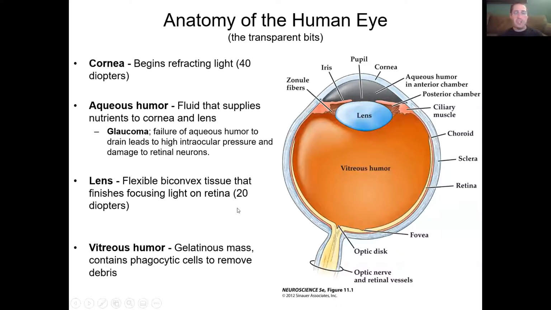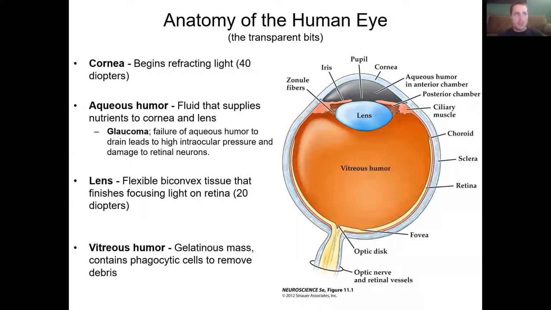And it does it with about 20 diopters of power. I put the diopter value in here because it's maybe a little interesting: when we talk about focusing of light, we usually think of the lens, but really two thirds of the focusing power comes from the cornea, and it's just that last third that is provided by the lens.